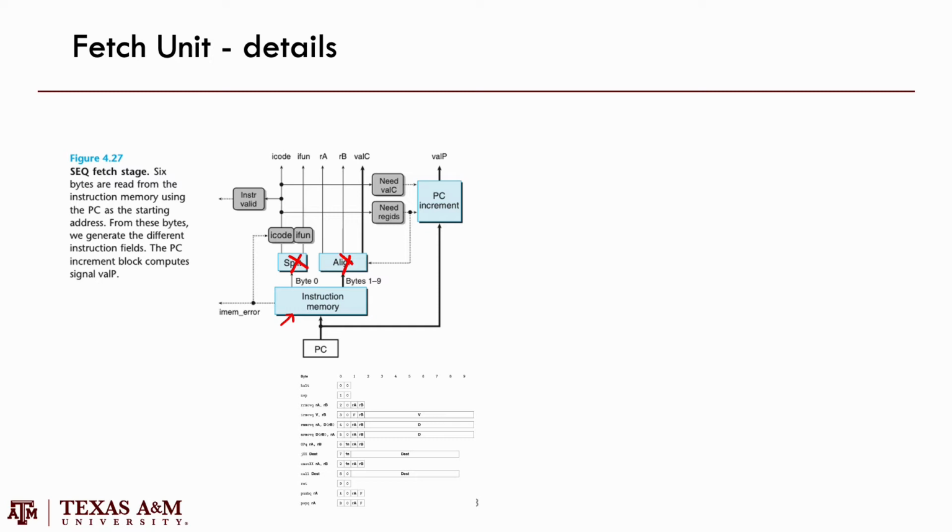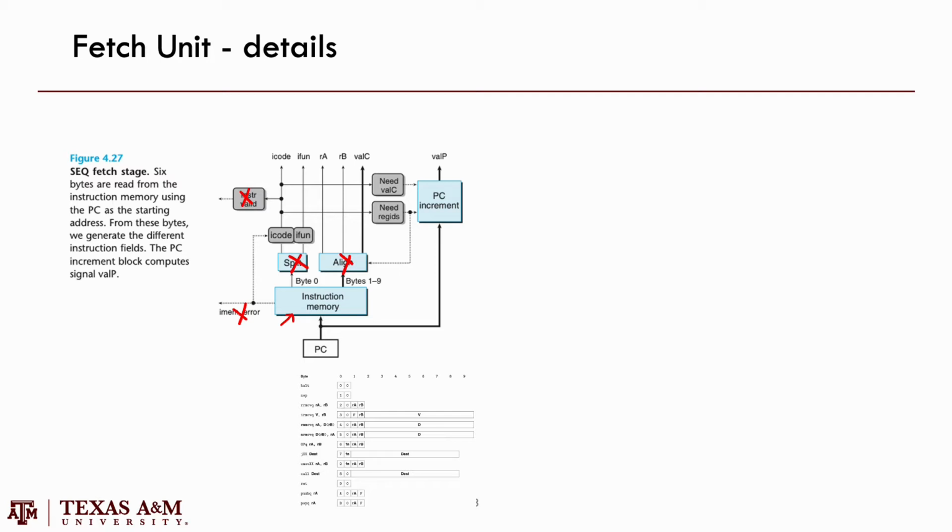And also let's ignore instruction valid, which is one flag, one bit that indicates whether the current instruction is valid by looking at the instruction code. And also let's ignore the instruction memory error because it's not very useful for our project.